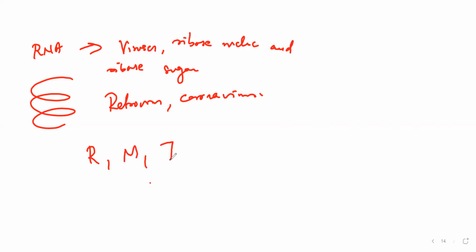That is the rRNA, mRNA, tRNA. So rRNA means what? Ribosomal. mRNA means messenger. And tRNA means transfer. These are the three types of RNA. So only if mRNA is there, then only what happened? Protein synthesis will happen.